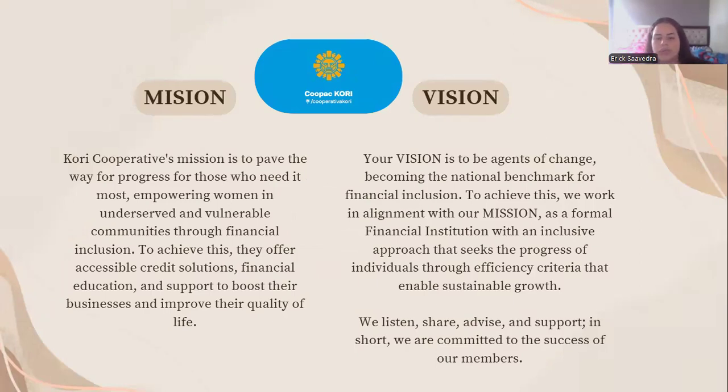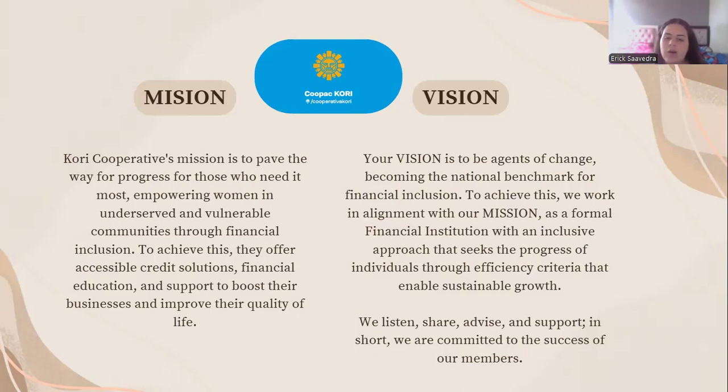Now let's look at week 5, defining a business plan. It's a document that describes the nature of the business and sets strategies. A crucial part of this plan is the mission and vision. According to our analysis, Kori's mission, which defines the company's reason for being, is to pave the way for progress for those who need it most, empowering women in vulnerable communities.